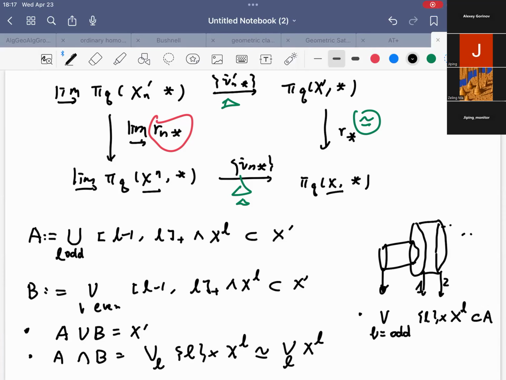This in A is a strong deformation retraction. Okay, similar for the even case.